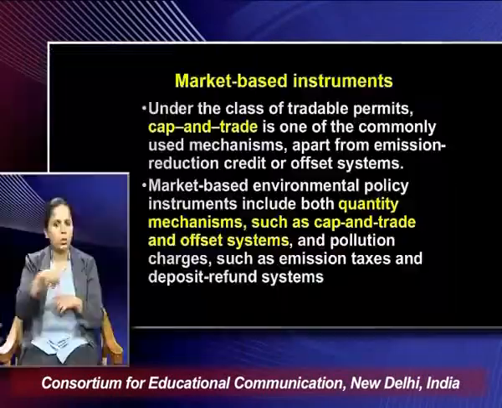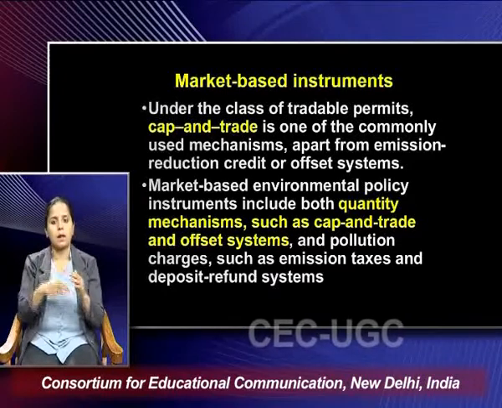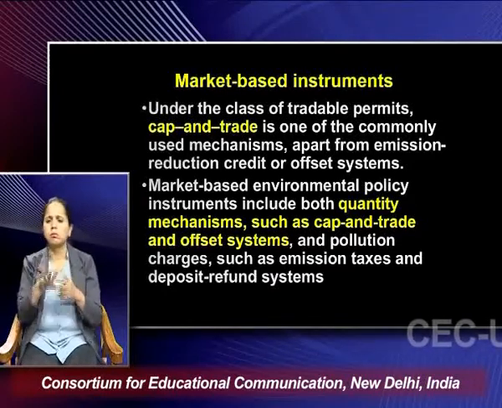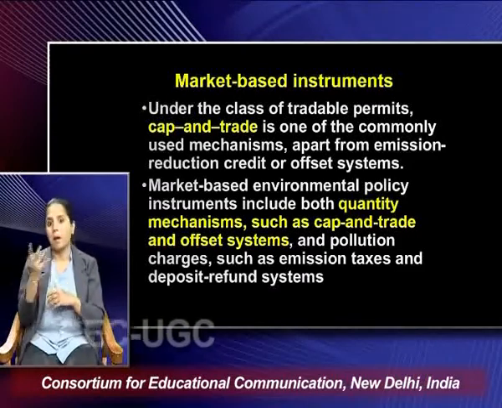Market-based instruments, under the class of tradable permits, include a special instrument called cap and trade. It is one of the commonly used mechanisms, apart from emission reduction credits or offset systems.